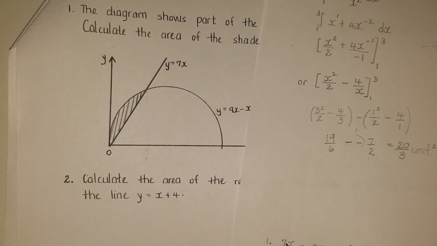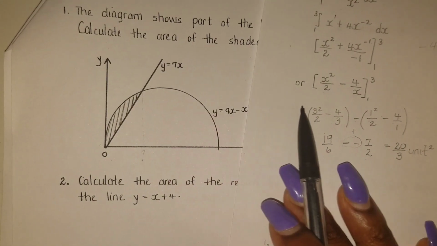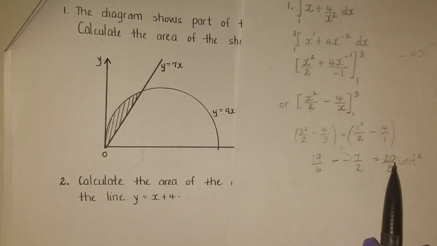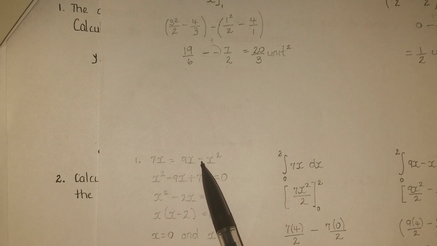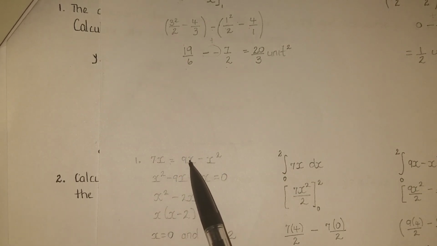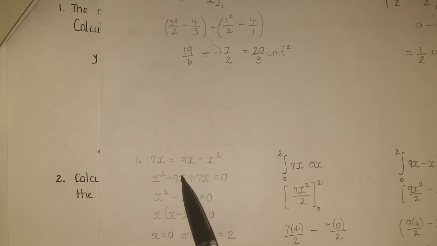Now here I have the functions 7x equals 9x minus x squared. So simply this negative x squared comes over as a positive, and this 9x comes over as a negative. So we now have minus 9 plus 7x, which is a negative 2x.